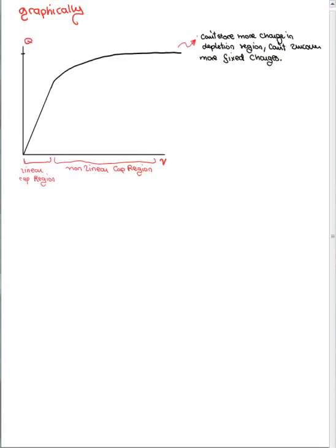Graphically, it will look something like this. Here's the linear region where it acts just like a linear capacitor. You increase the voltage, the depletion region widens, you have more charge stored in the depletion region, and therefore you get the linear curve right here.